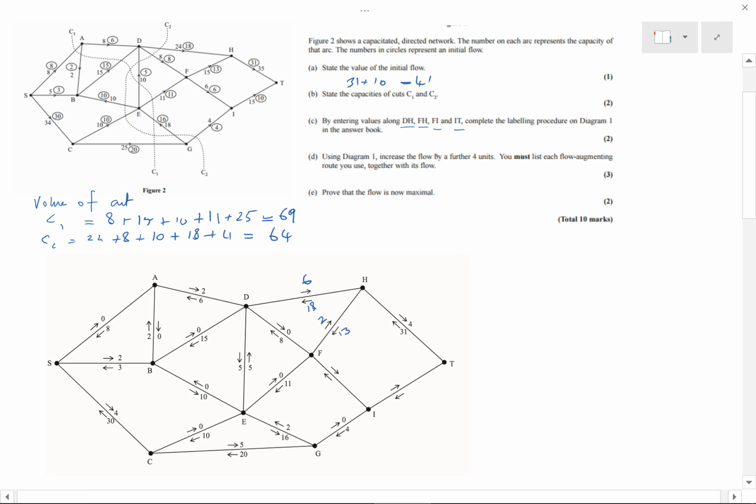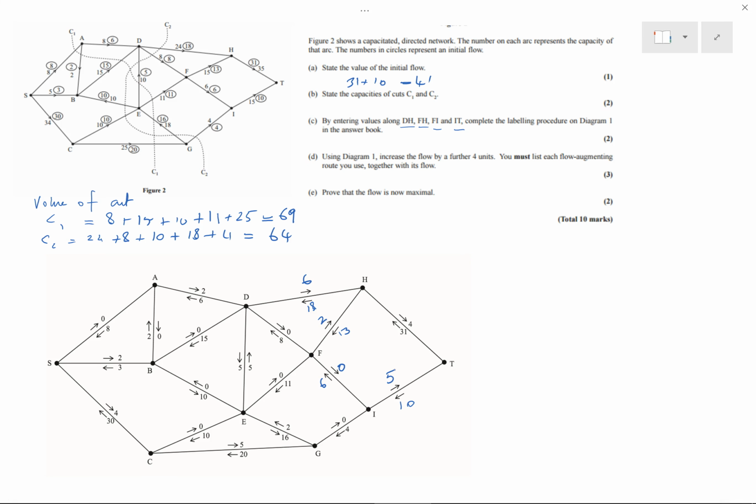Then FI has got a flow of 6, so that's 6 in that direction, and we can't increase it at all in that direction, 0. And then IT has got a flow of 10, so that's 10 now, and it's got a capacity of 15, so we could increase by 5 in that direction.